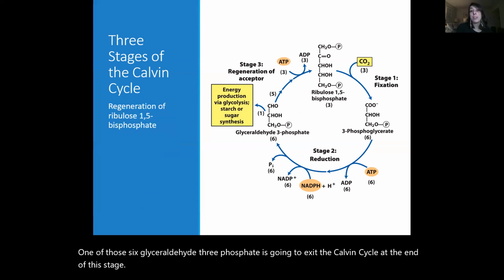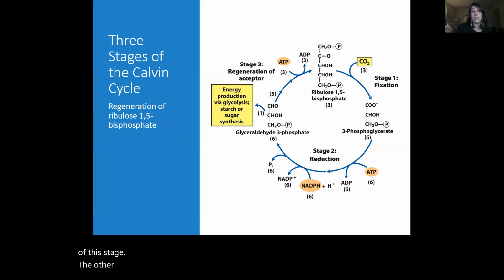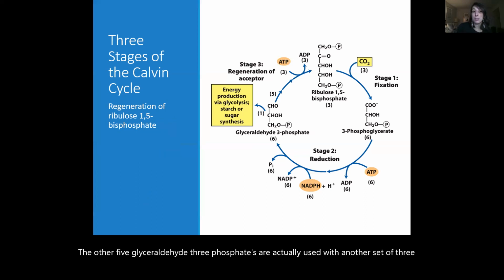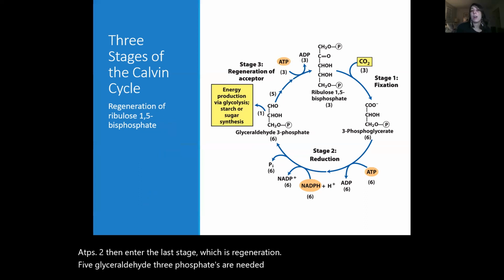The other 5 glyceraldehyde 3-phosphates are actually used with another set of 3 ATPs to then enter the last stage, which is regeneration. 5 glyceraldehyde 3-phosphates are needed to regenerate our 3 ribulose 1,5-bisphosphates.